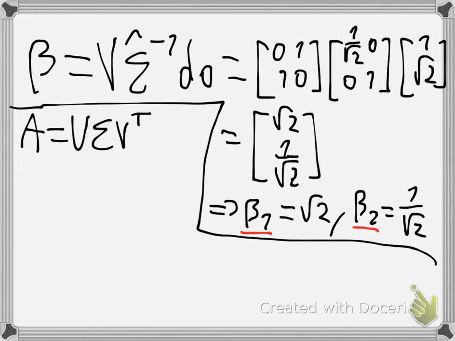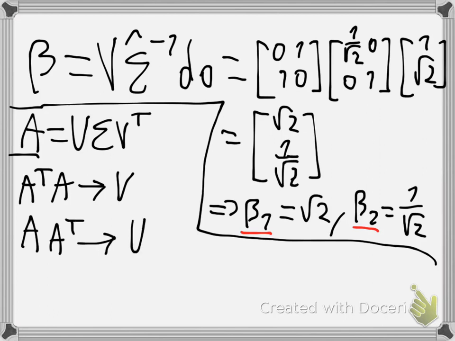The eigenvectors of A transpose A will be the vectors of the matrix V, and if you find the eigenvectors of A A transpose, you will get U. So you have to make sure that the vectors are orthogonal, and they also have to be of length 1.